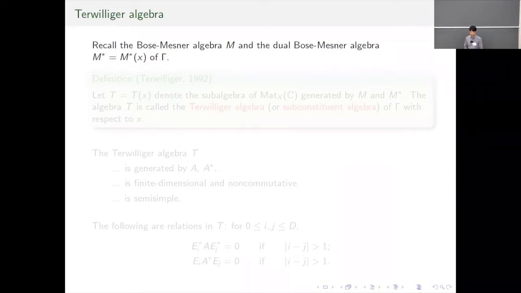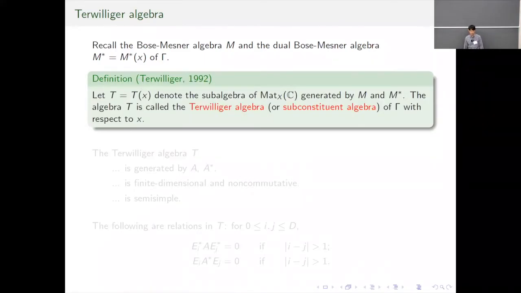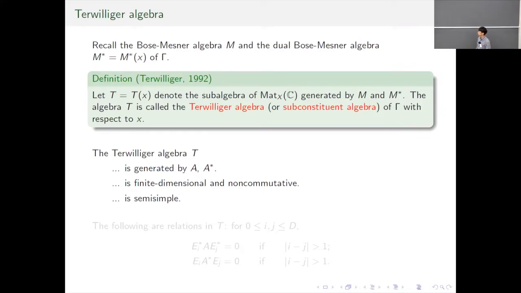And we define a bigger algebra. Let T, actually Tx, denote the subalgebra generated by M and M star. Then this algebra is called the Terwilliger algebra of Gamma with respect to base vertex x. By our discussion so far, this algebra is generated by the adjacency matrix A and the dual adjacency matrix A star.